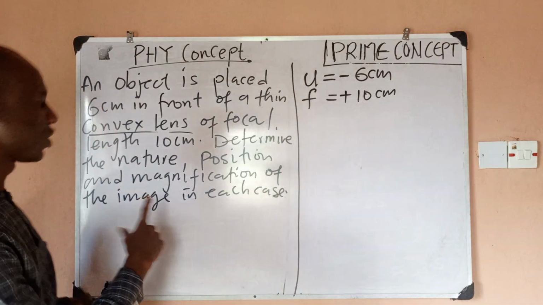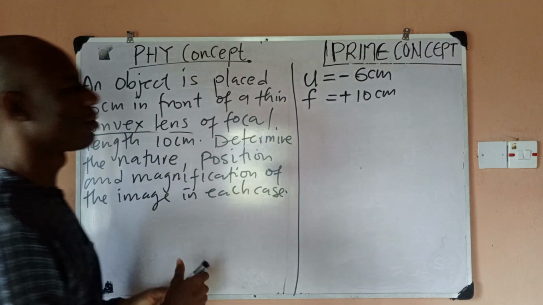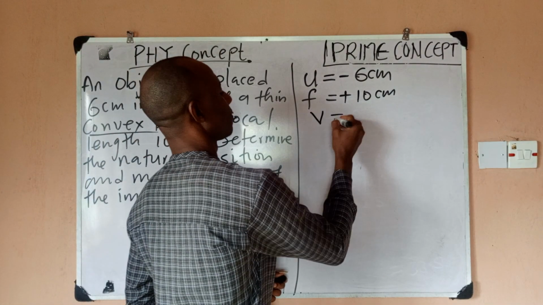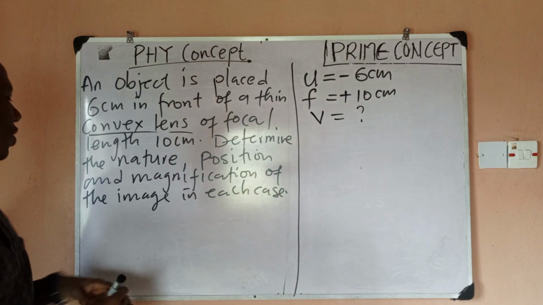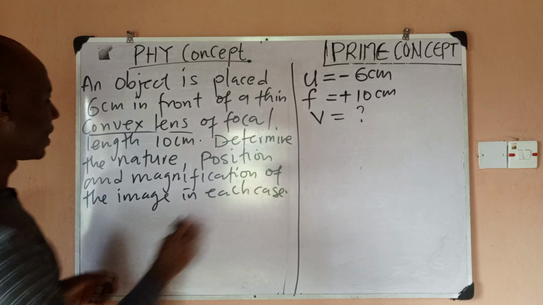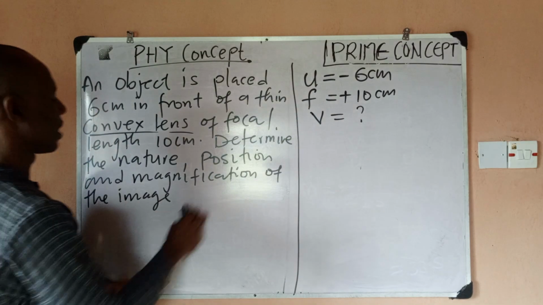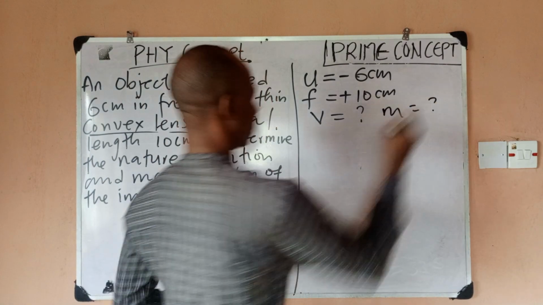That's what they mean by nature. And then the position of the image simply means image distance, v. And then we also want to find the magnification of the image, M.